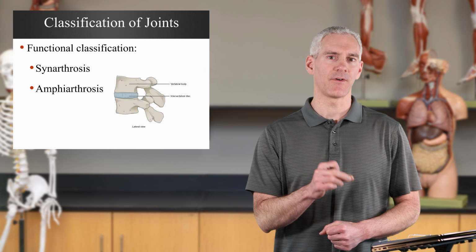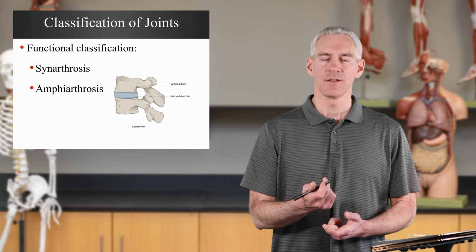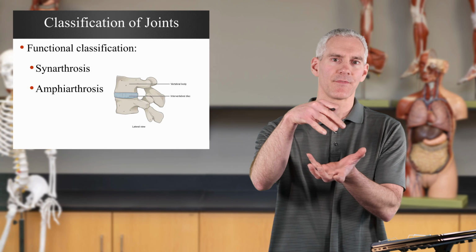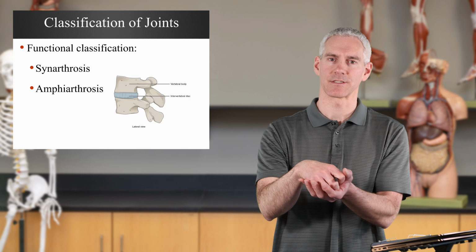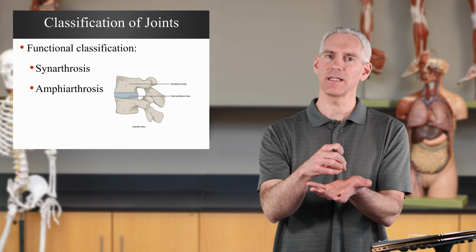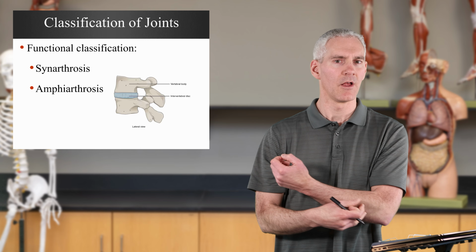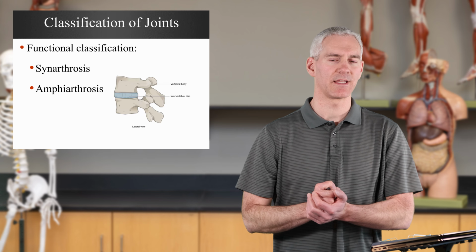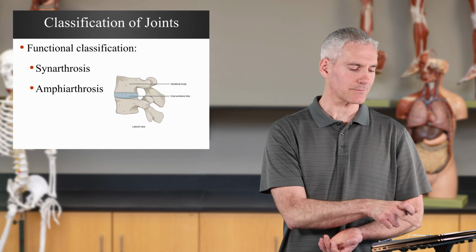The second functional classification is amphiarthrosis. Now you can see here, showing 2 vertebrae. That space between, that joint is an amphiarthrosis or amphiarthrotic joint. It's allowing for slight movement. I mean, it's not moving like your wrist could move or your elbow, but there is movement between the actual vertebrae. So amphiarthrosis.